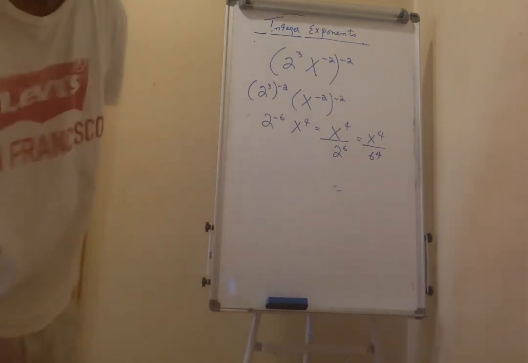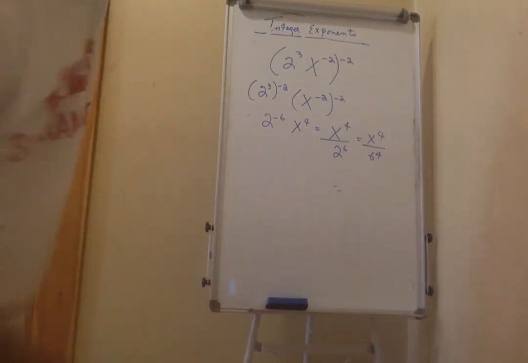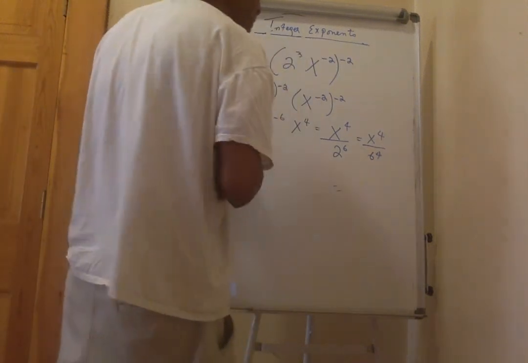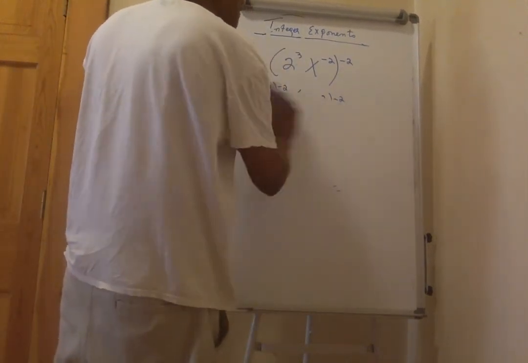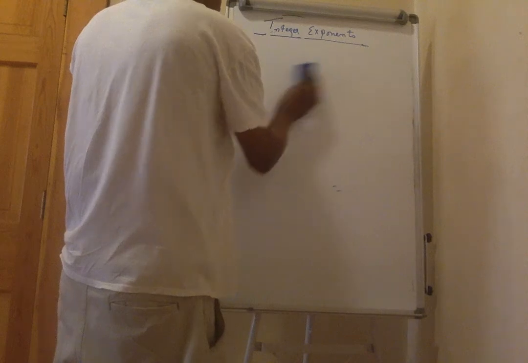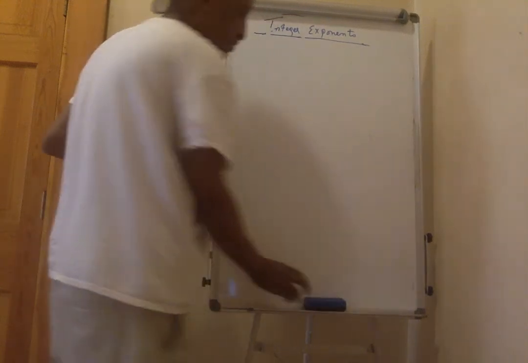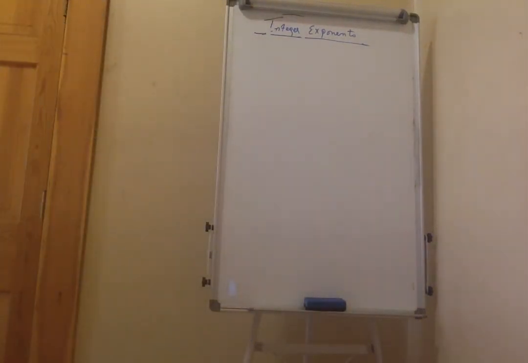Let me do one more challenging problem. This one will take us a little more time, but I find it necessary because it holds all the rules that we have discussed. So let's do this.